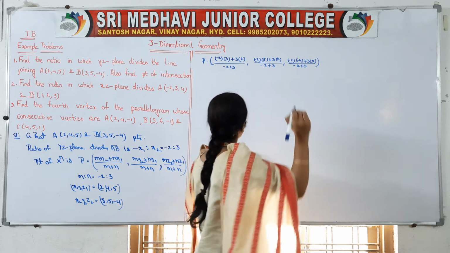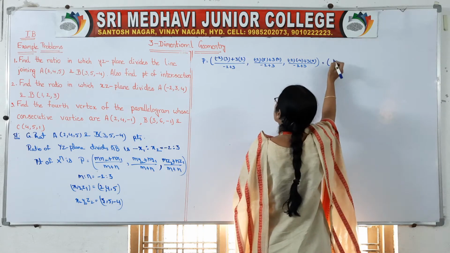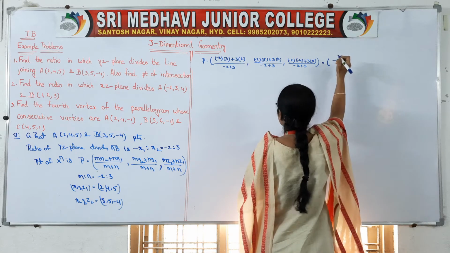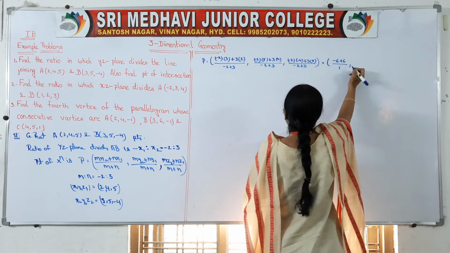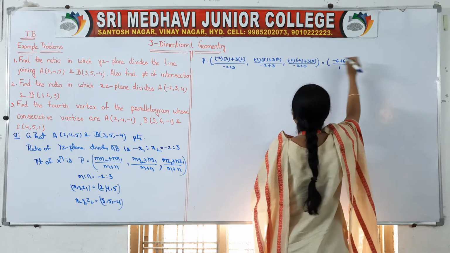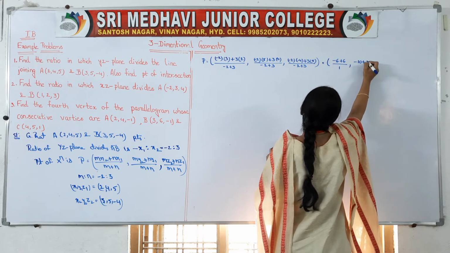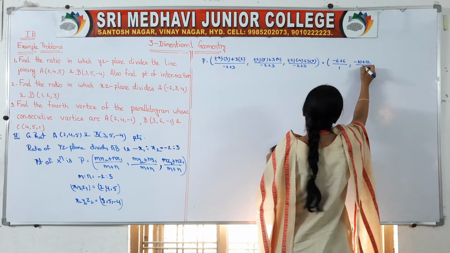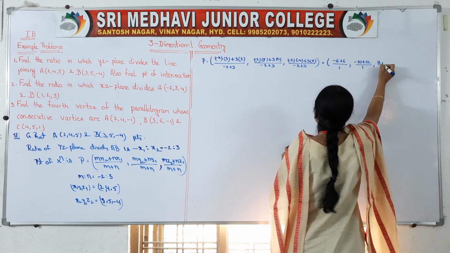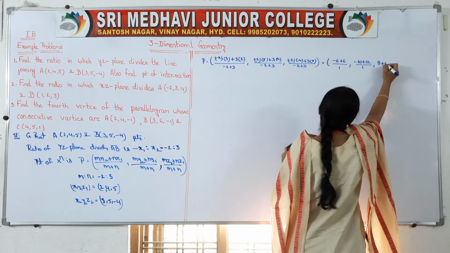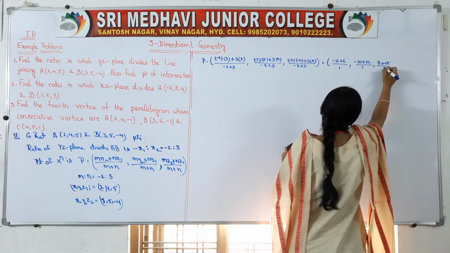Okay, so is equal to, it is minus 6 plus 6 by 1. Next it is minus 10 plus 12 by 1. Next minus 8 plus 15 by 1.